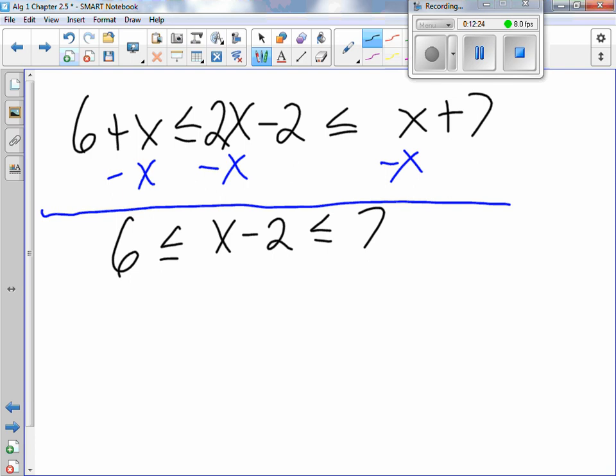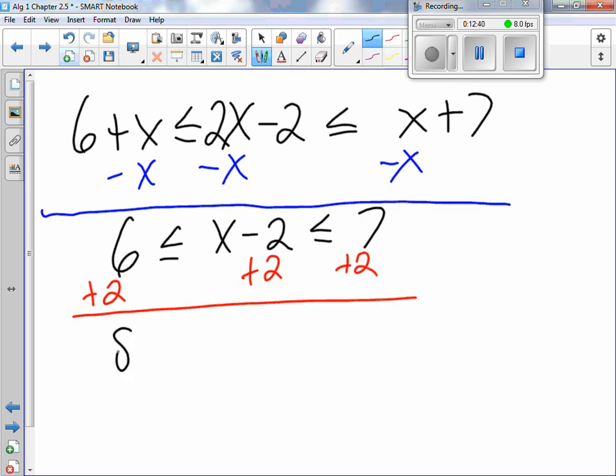So when you try to do operations to get it in the middle, here in an and statement, we don't really deal with variables on all three. Then we can add 2, get 8 is less than or equal to x is less than or equal to 9. So normally we'll deal with it just on one side or the other, because once we get so far, it's hard to get it all on the same side because we're having to apply it to all three.